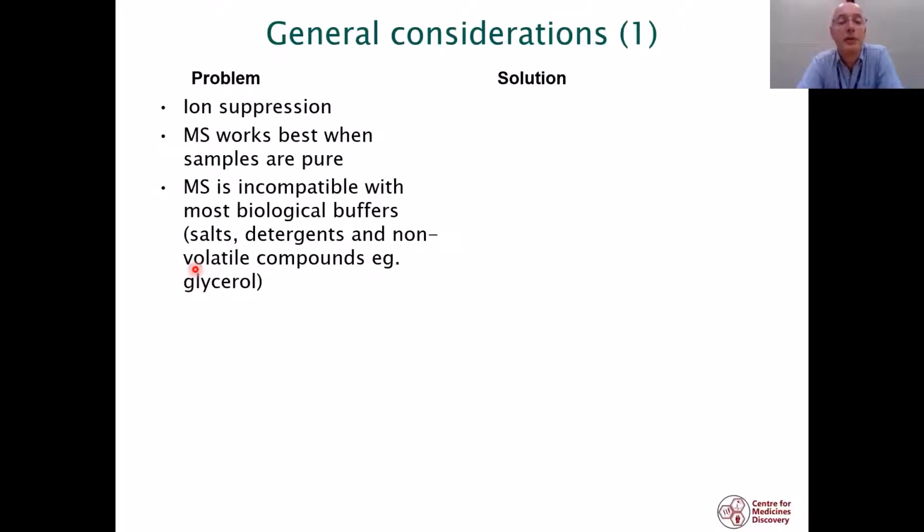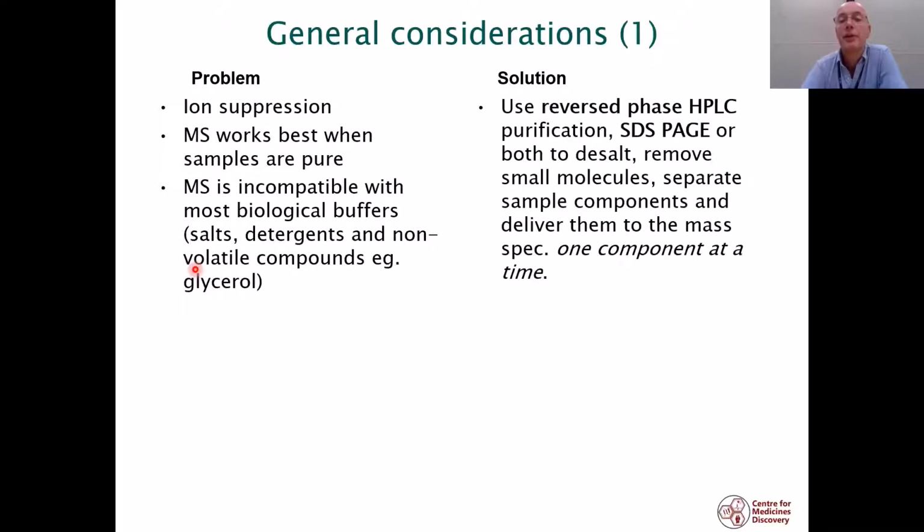Also concerned with the biological context is that mass spectrometry and electrospray in particular is incompatible with most biological buffers. So the contents of these buffers, these are salts, detergents, non-volatile compounds such as glycerol, are fundamentally not compatible with mass spectrometry. So what can we do about this?